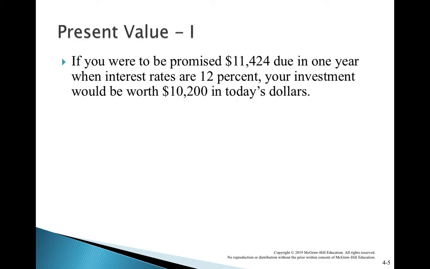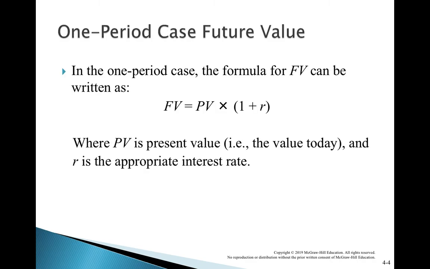If you are promised 11,424 due in 1 year, when the interest rate is 12%, your investment would be worth 10,200 in today's dollars. How? Now, the formula here is what? Future value is equal to present value multiplied by 1 plus R. If this is the case, then what will be the formula for present value, dear students?